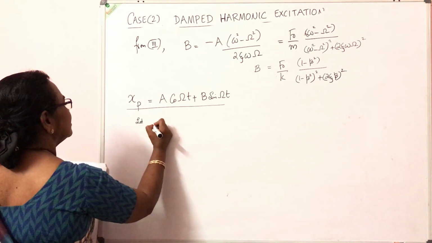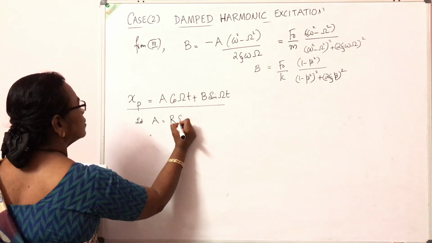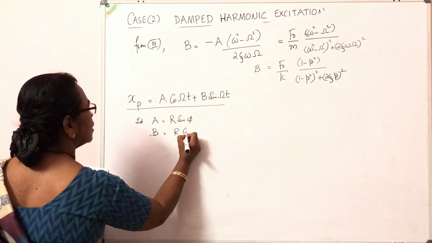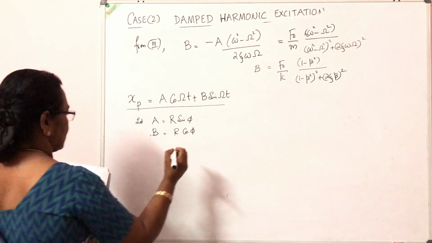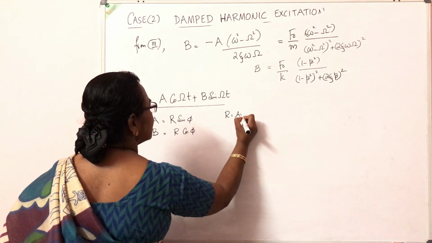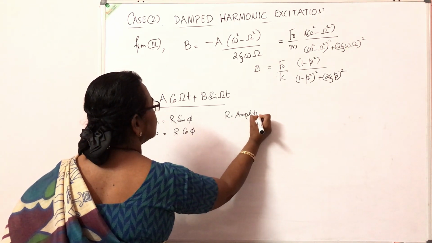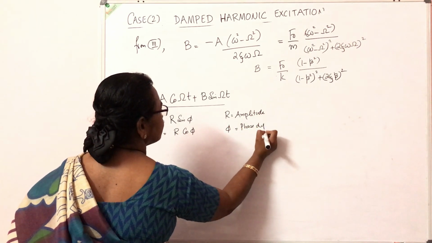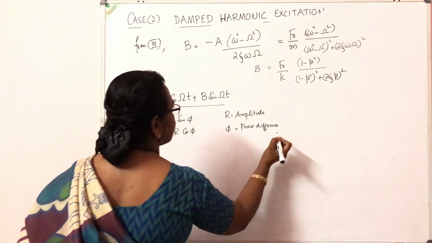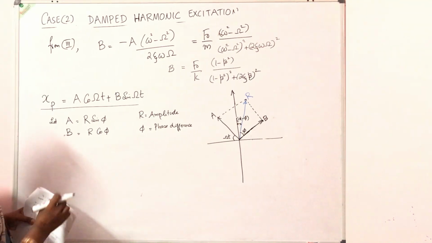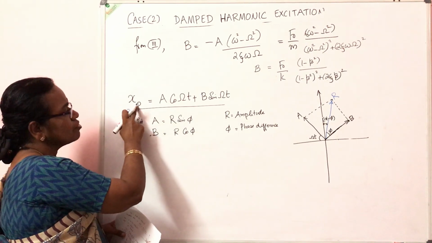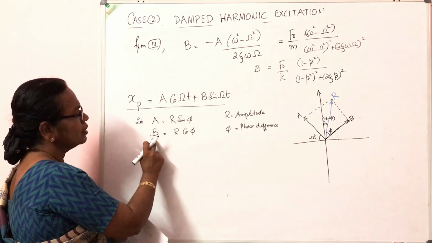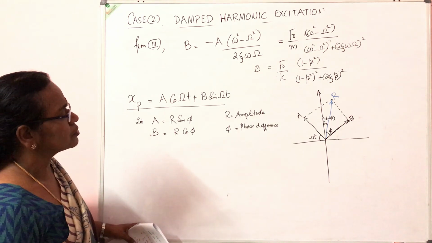Let A is equal to R sin phi and B is equal to R cos phi, where R is the amplitude and phi is the phase difference. So coming back to this, let us assume xp is A cos omega t plus B sin omega t. We are redefining it as A is equal to R sin phi and B is equal to R cos phi.